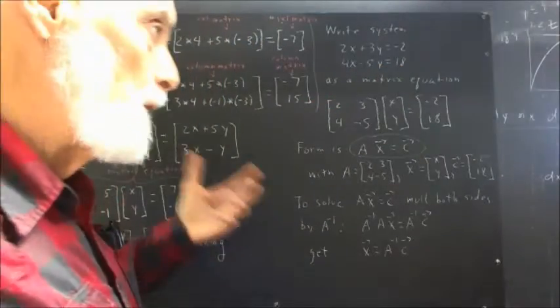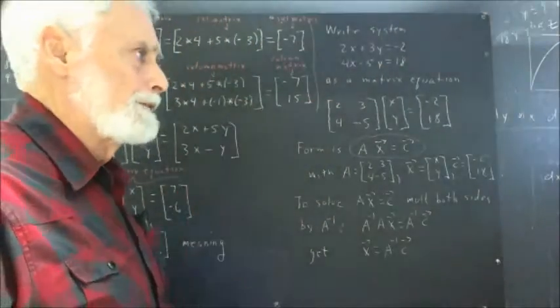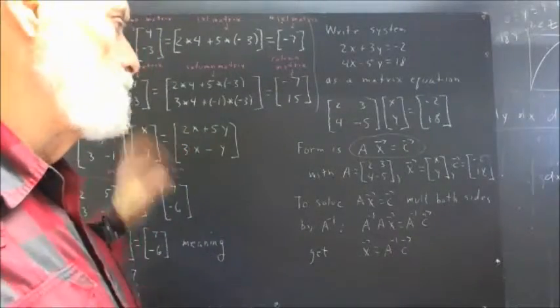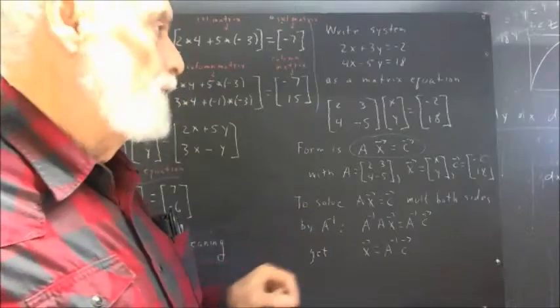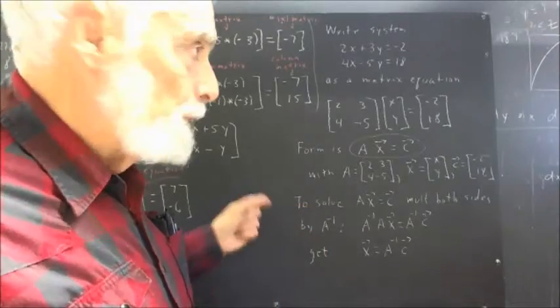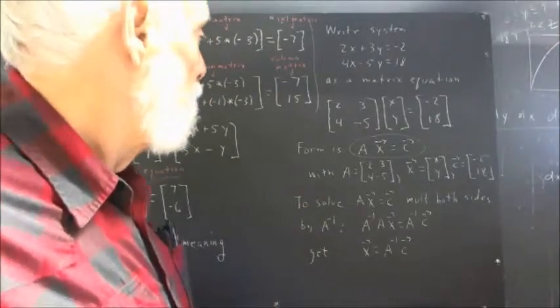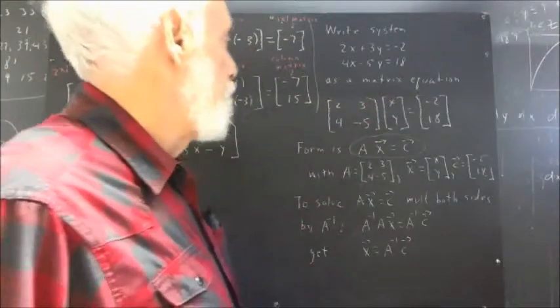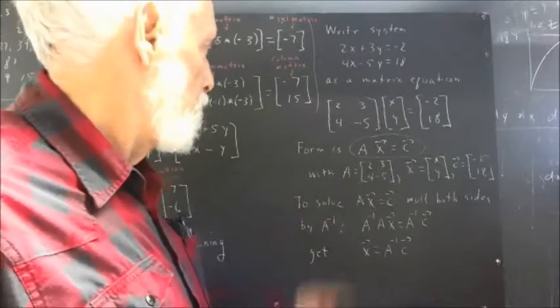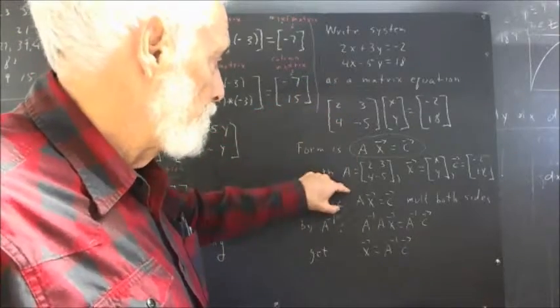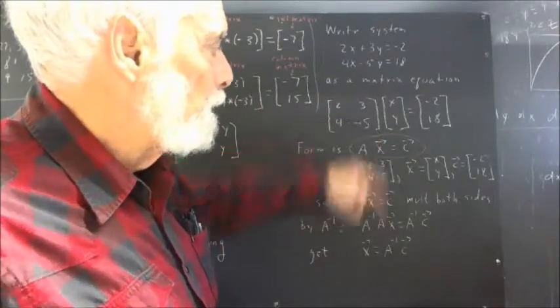Now, the form of this equation, somebody asked why we're doing this. Okay, I see what to do, but how does it fit in? Good question. And you're not going to completely see the reason today, but I'll answer that question by saying the form of this equation is AX equals C, where A stands for the matrix, X with an arrow over it.